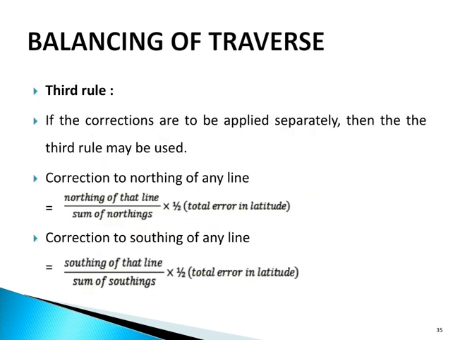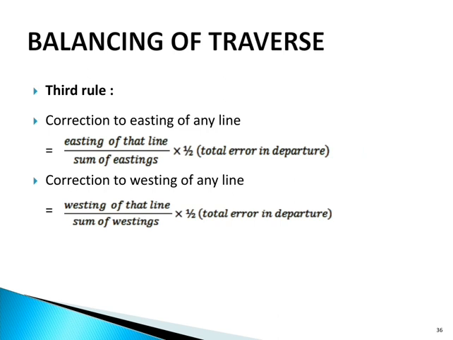And the last one is the third rule. If the corrections are to be applied separately, then the third rule may be used. Correction to northing of any line is given by the northing of that line divided by the sum of northings, into 1/2 the total error in latitude. Correction to southing of any line is given by the southing of that line divided by the sum of southings, into 1/2 the total error in latitude.